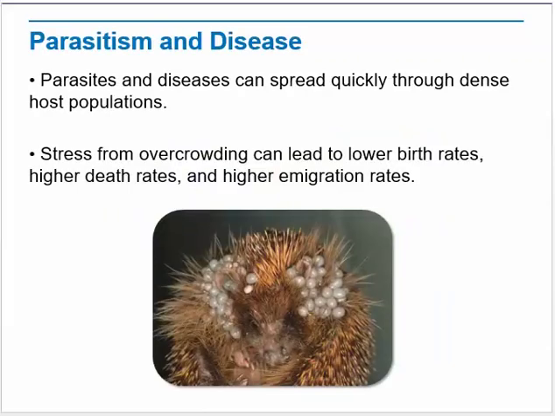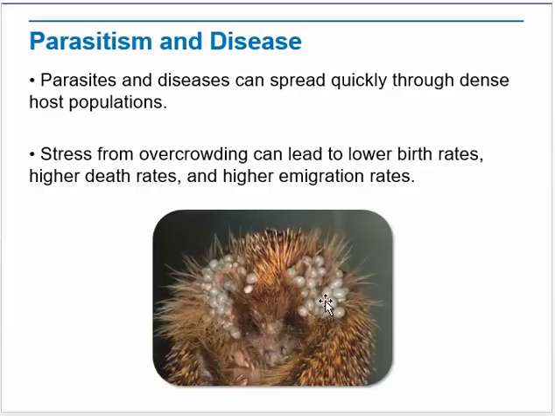And I think we all, for the most part, can understand that parasites and disease-causing organisms feed at the expense of their host. And so what they do is they weaken the host, or they cause stress or death, depending on what the disease or the parasite is. But here's an example, this is a hedgehog, by the way, and these white gross things are engorged ticks.